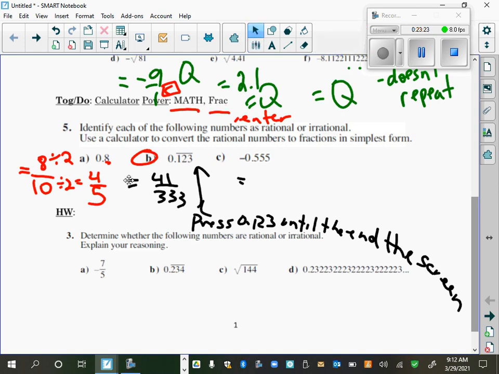If you don't have this calculator, you can do it the old way, or you better figure out how your calculator does it, because I'm not going to have 15 people borrow my calculator for the test. If you don't have this calculator, you need to figure it out, or do it the long way, and I can show you the long way.